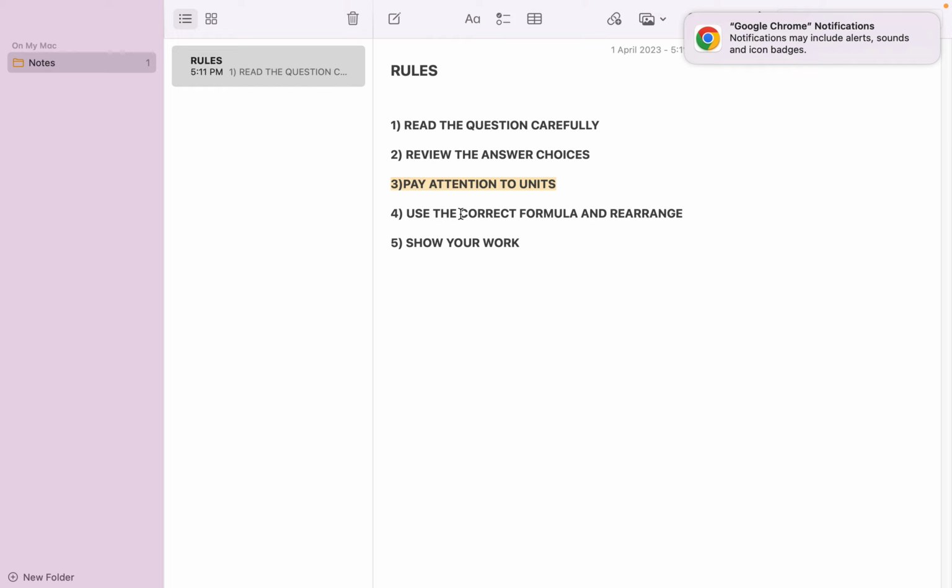We must learn all the formulas, use the correct formulas and rearrange when necessary. And of course, show your work. Draw a picture for every question, which will help you keep track of your calculations and spot any errors.